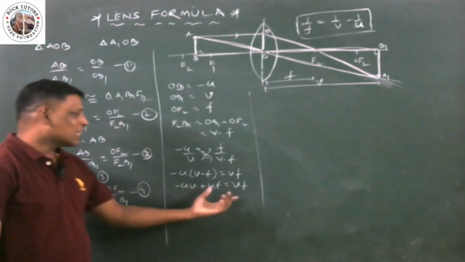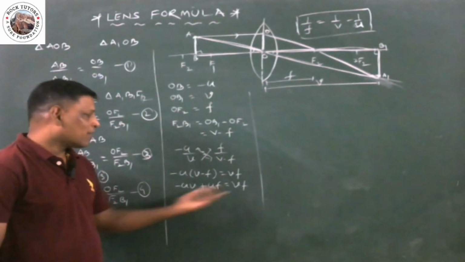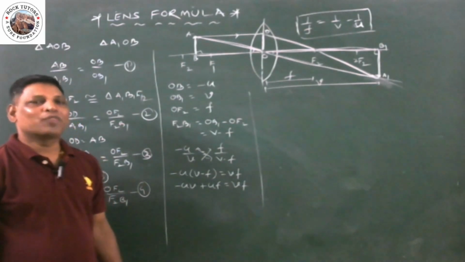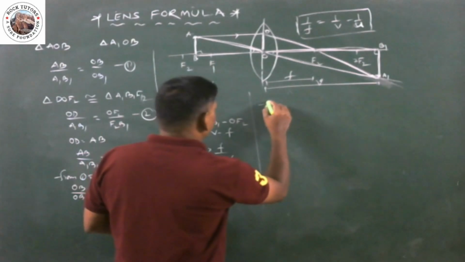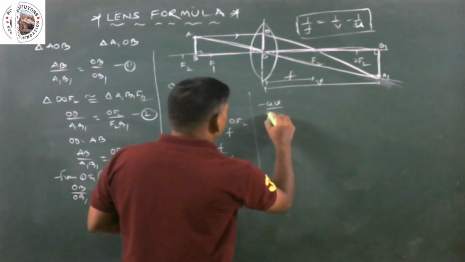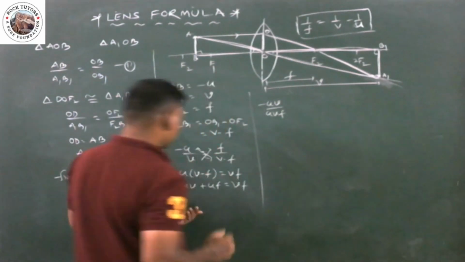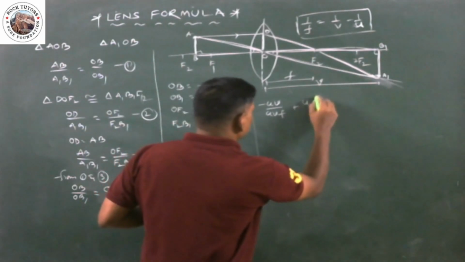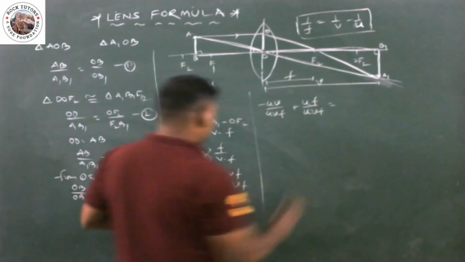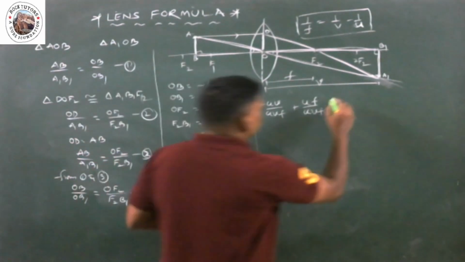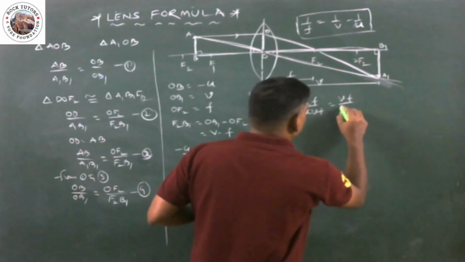Now dividing both sides by uvf, we get minus uv by uvf plus uf by uvf is equal to vf by uvf.